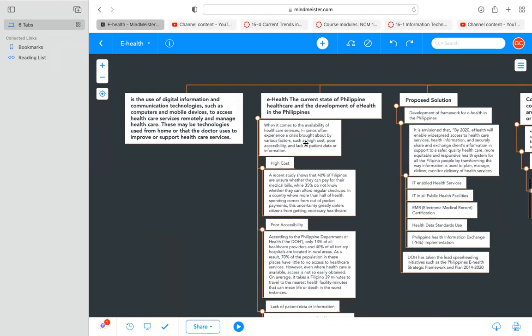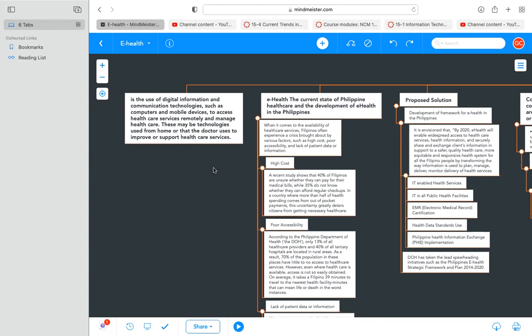As you have discussed in informatics, e-health is the digital... By the way, I'm using my mind mapping to facilitate this discussion in that PowerPoint slide, so that it also helps you organize the concepts in your mind.